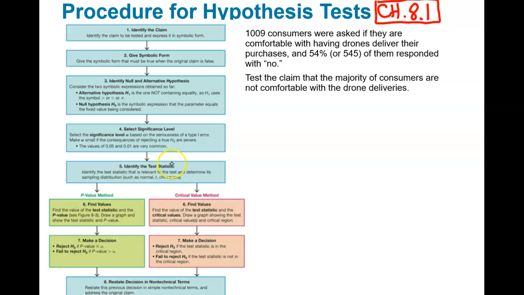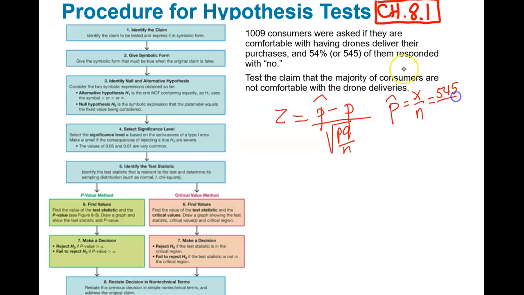So we identify the test statistic. We're going to be using Z. The formula to find Z is P hat minus P divided by the square root of P times Q divided by N. So let's identify what was our P hat. P hat is a sample proportion, which is X over N. X is 545, N is 1009, and that will give us 0.54, which is already identified here, 54% or 0.54.